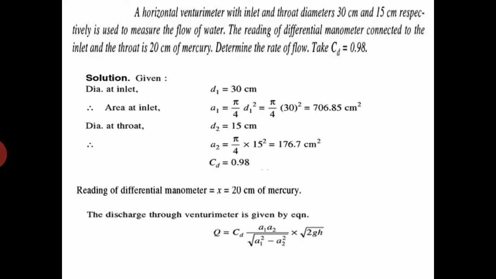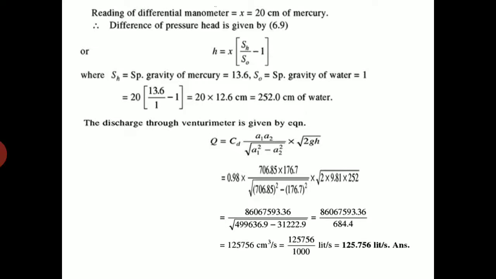Therefore we'll be using the formula for calculating H, that is H is equal to X into (SH upon S0 minus 1), where SH is equal to specific gravity of mercury, which is equal to 13.6, S0 is equal to specific gravity of water, that is the fluid which is flowing through the pipe, which is equal to 1. Substituting all these values, we are getting it like this.